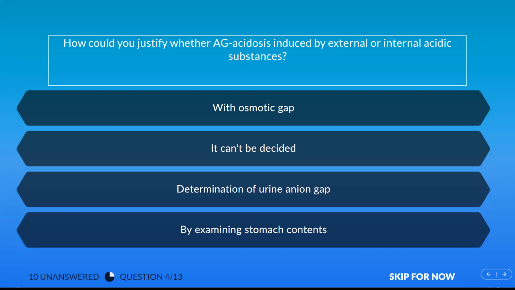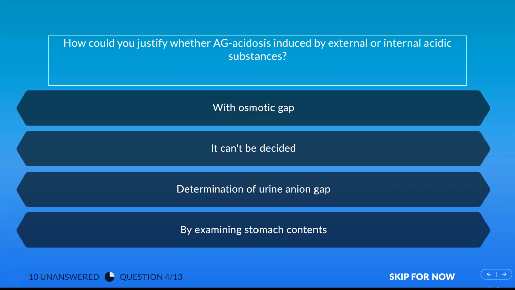The measured one is usually detected by the change of the freezing point, and the calculated one we discussed in the previous seminar: sodium twice plus urea plus glucose. And if you drink alcohol, that's an osmotically active particle, so the measured osmolality will be higher than the calculated one. So we do have an increased osmotic gap.